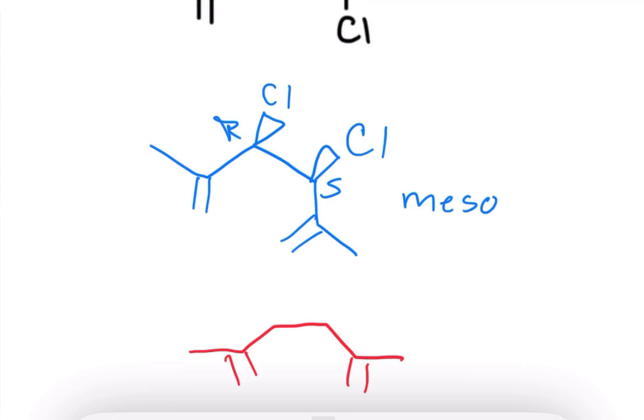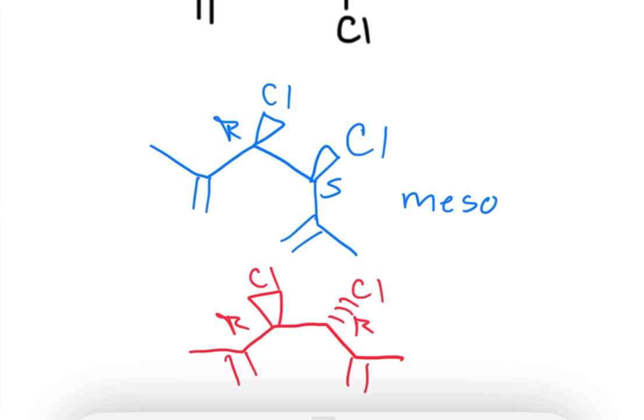Okay, non-meso here. Let's say I keep this wedge and I make this a dash. This one would be R, and the right one would be R as well. Now I'm completely guessing on the chirality centers here. I believe that they are correct, but I cannot be certain. So if both of these are R, that's not a plane of symmetry there.